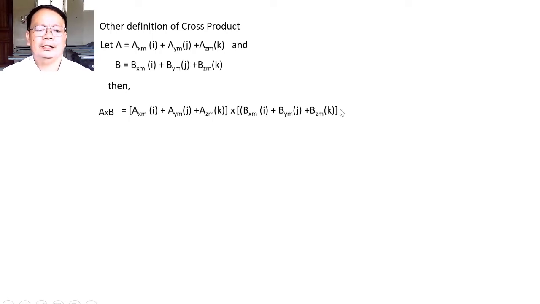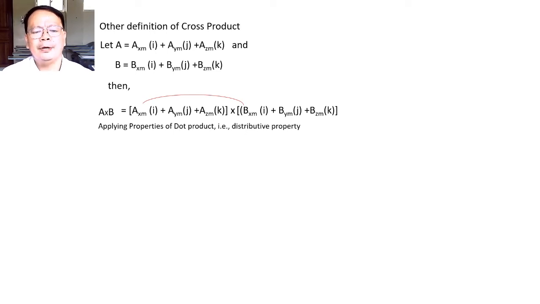As such, we have AX i cross BX i. And following that the cross product is associative, we can combine AX and BX before combining the cross product of the unit vectors. So this becomes AX BX, i cross i.